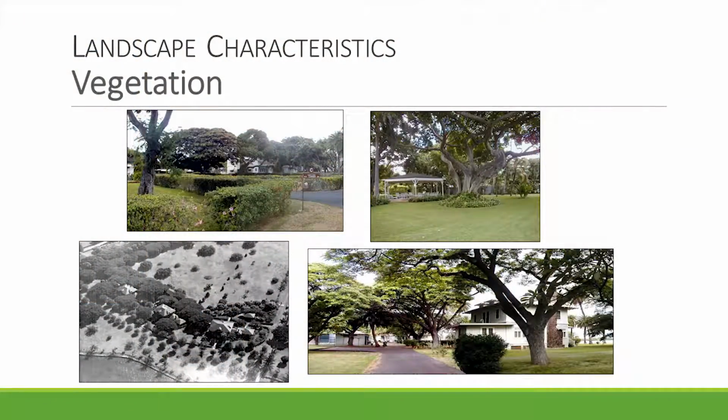Okay, so speaking of vegetation, it can be individual specimens like that huge monkey pod or banyan that you have in your yard, or it can be groups of plants, like the hedges shown here to define a driveway, or royal palms up your driveway, that pattern of royal palms on either side, or whatever that plant might be.